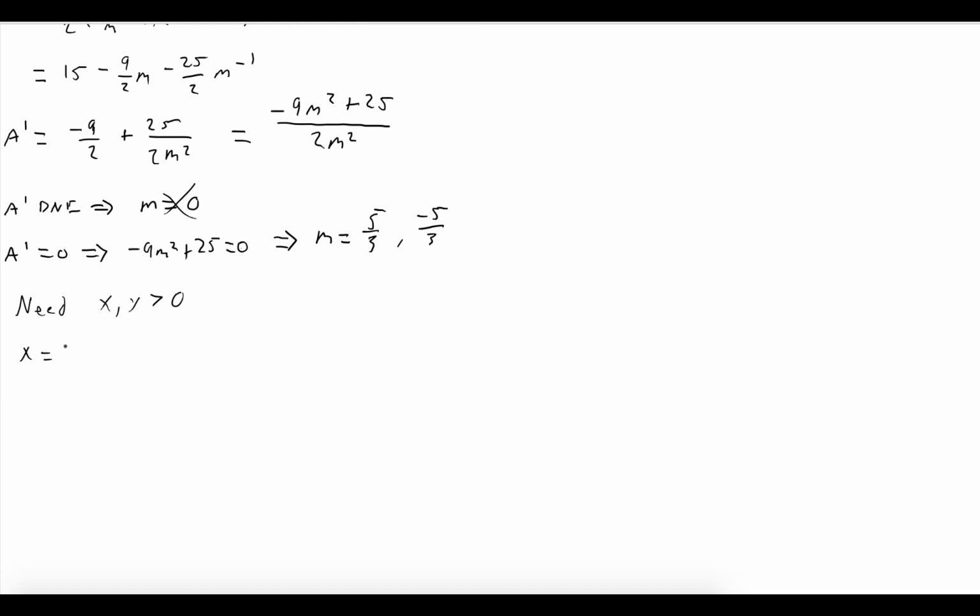So x, which we said was equal to negative 5 over m plus 3, we'll try m equals 5/3 first to see if this works. That tells us that x is equal to negative 3 plus 3, which is equal to 0, which is not positive. So we could throw out the m equals 5/3 case, which leaves us with m equals negative 5/3. So to put it all together, we have y equals negative 5/3 times (x minus 3) plus 5.